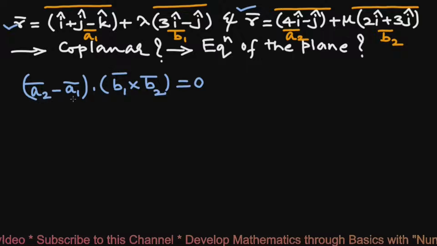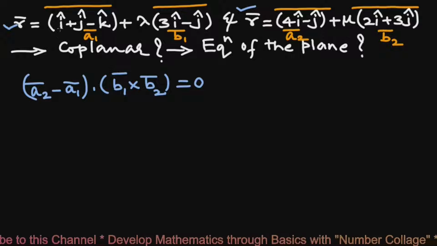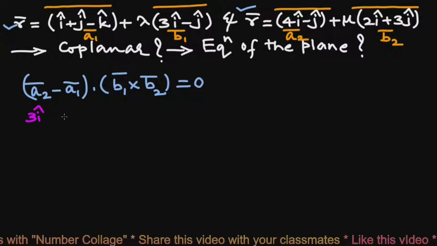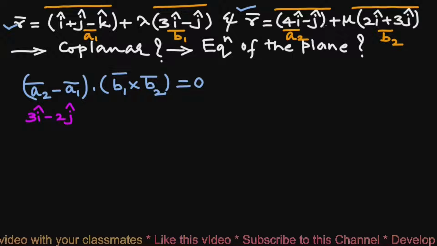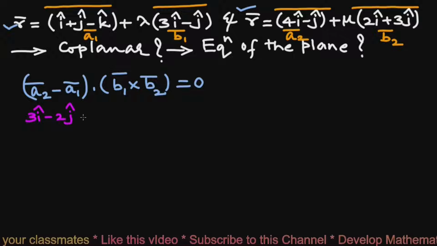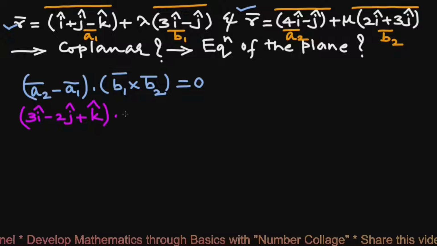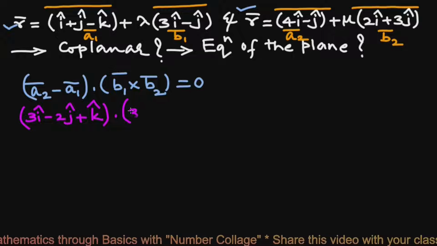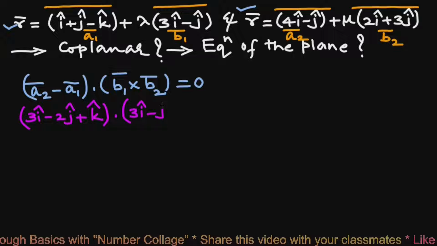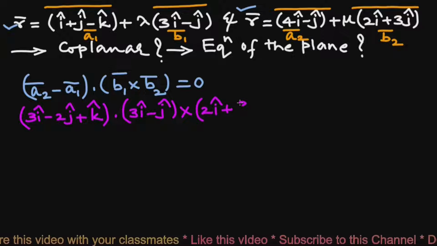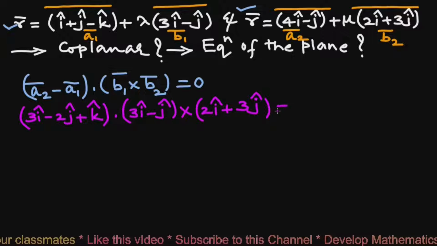a2 bar - a1 bar will be (4 - 1) 3i cap, minus 1 minus 1, that is -2j cap. There is no k cap, so it will be minus of minus k cap, plus k cap, dot b1 bar, which is 3i cap - j cap, cross b2 bar, 2i cap + 3j cap, equals 0.